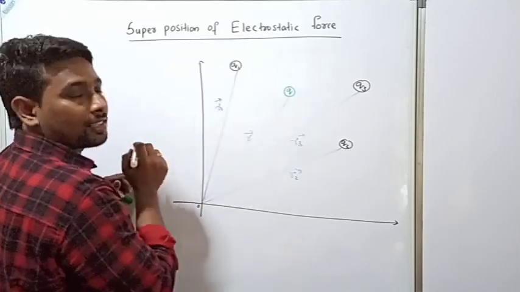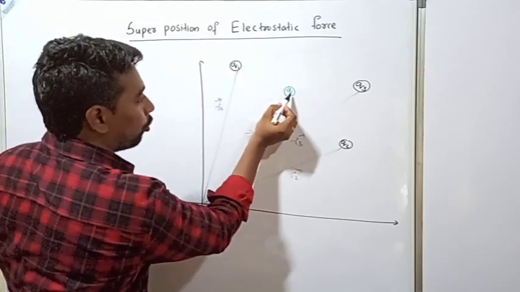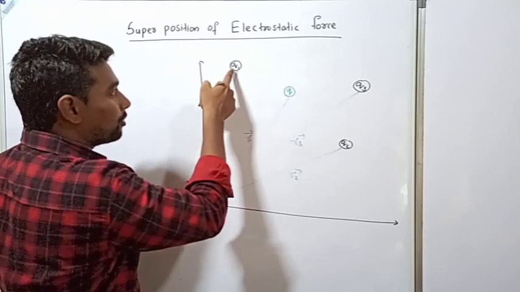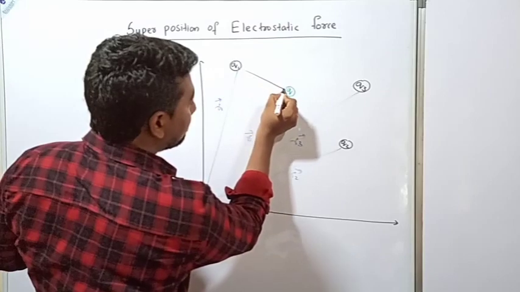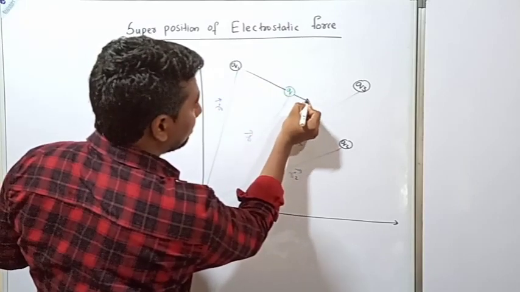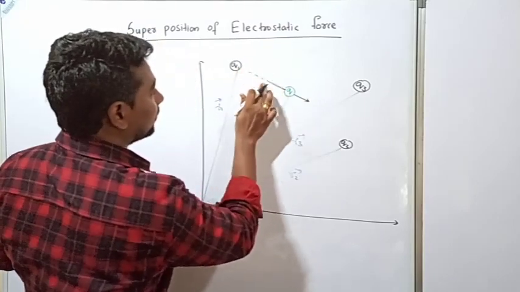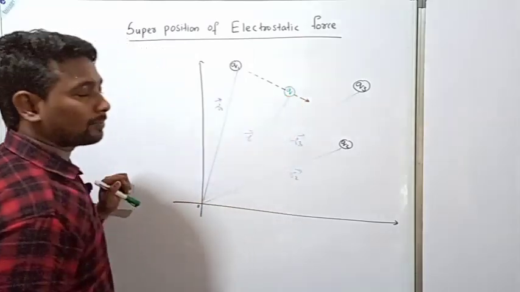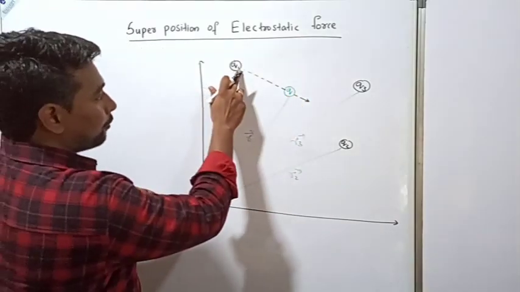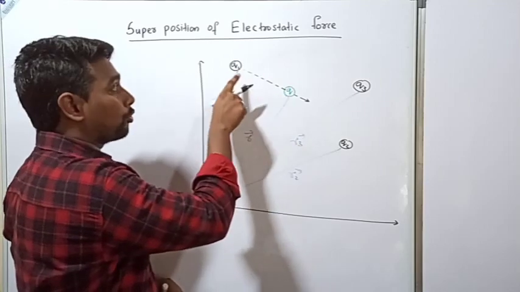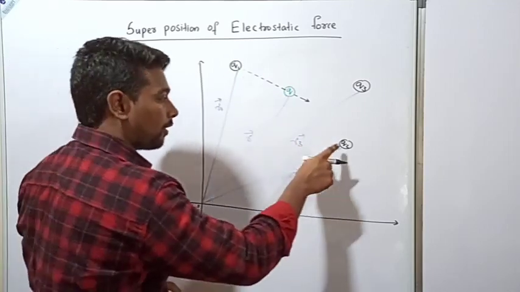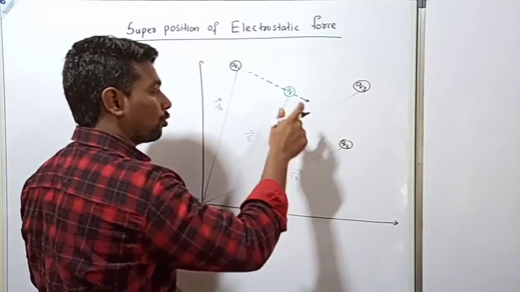Then the force direction, force on this charge q due to this charge, will be like this, right? This will be the force on q due to q1. Similarly, what will be the force direction for q2 due to q?